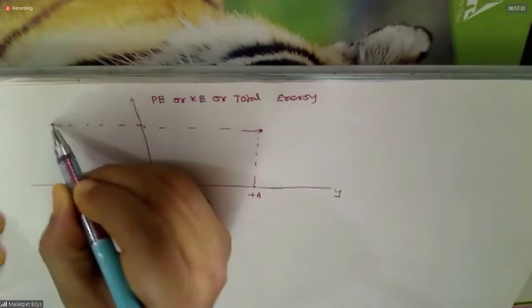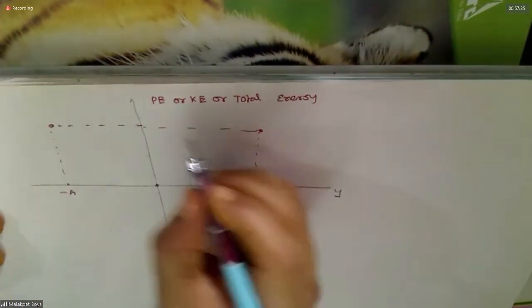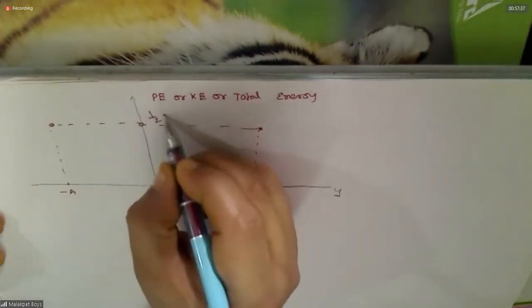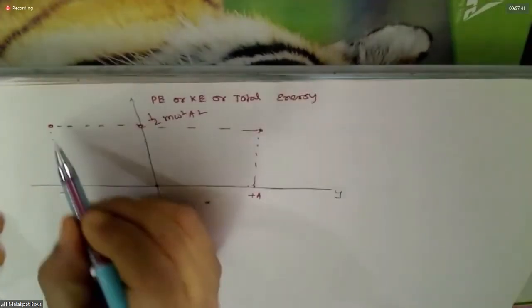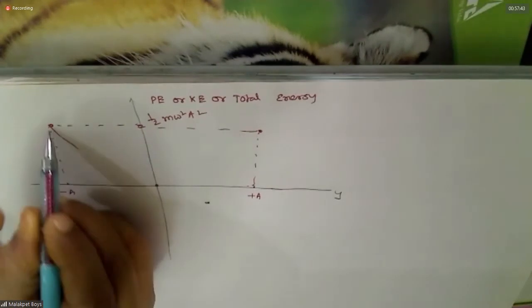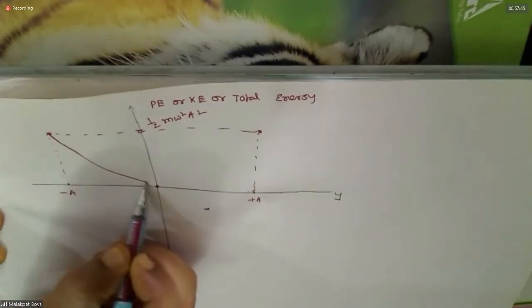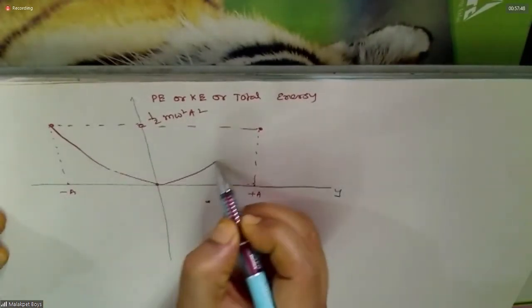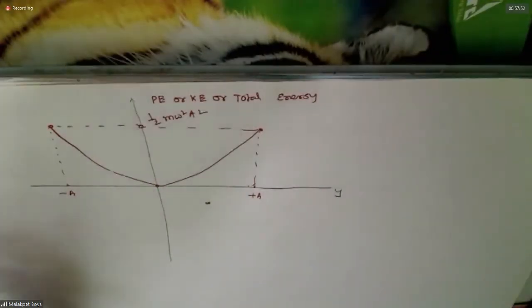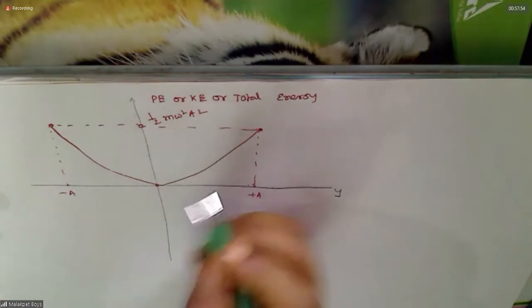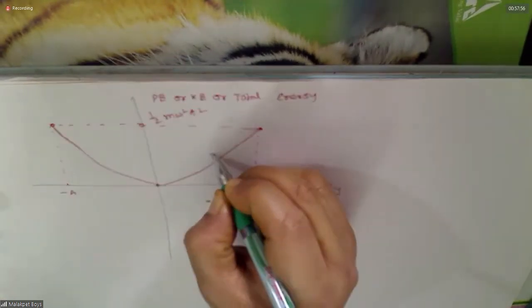Maximum, sir. What is the maximum value? Half m omega square a square. So the graph will be like this now. Yes, sir. It's parabolic. Agreed? Agreed, sir. And this will be the potential energy graph now.